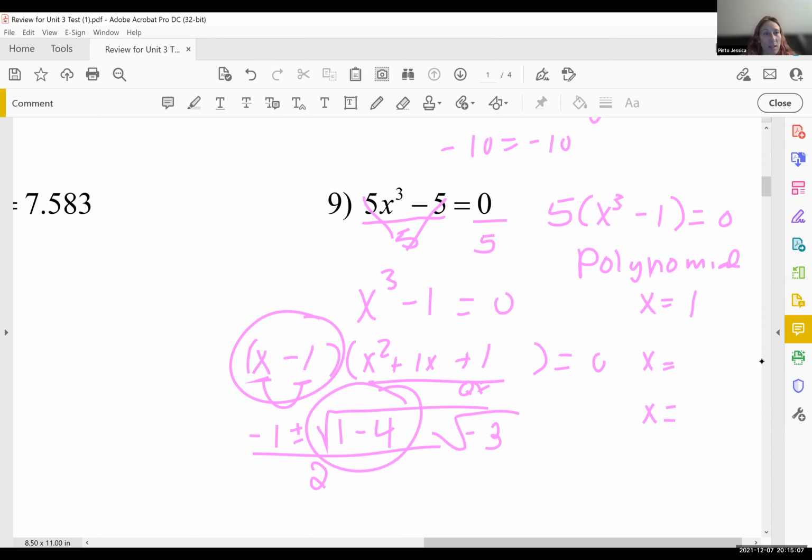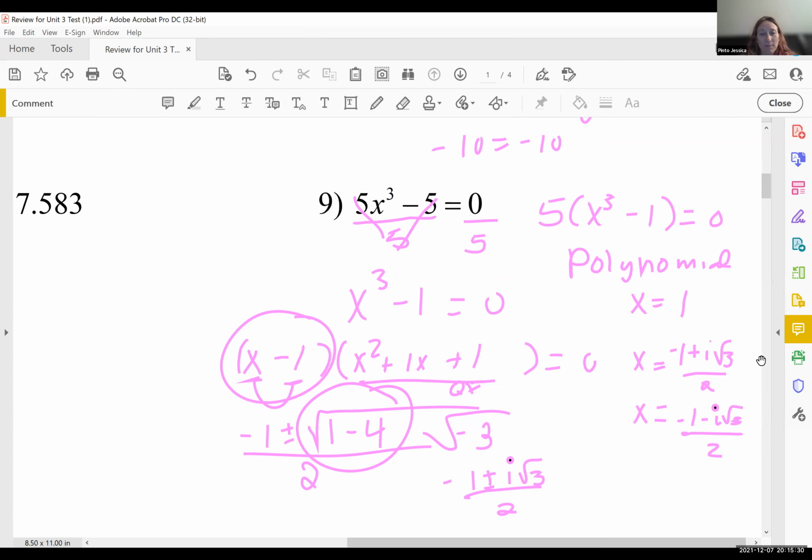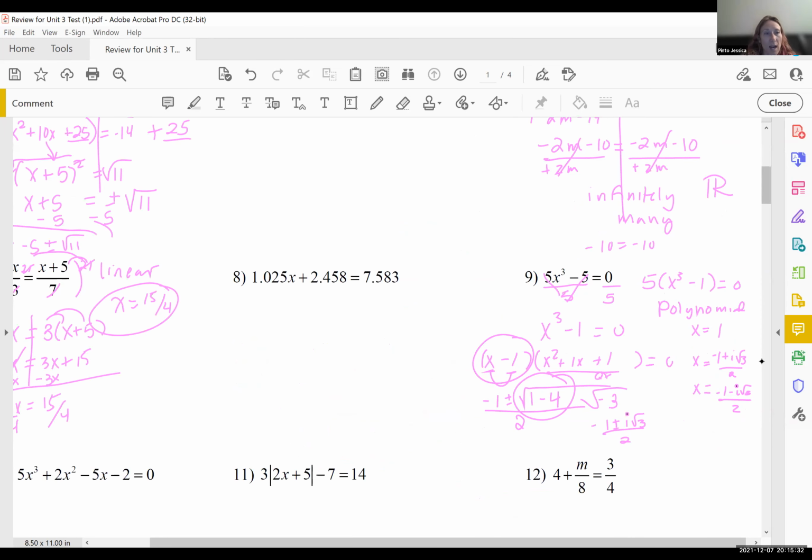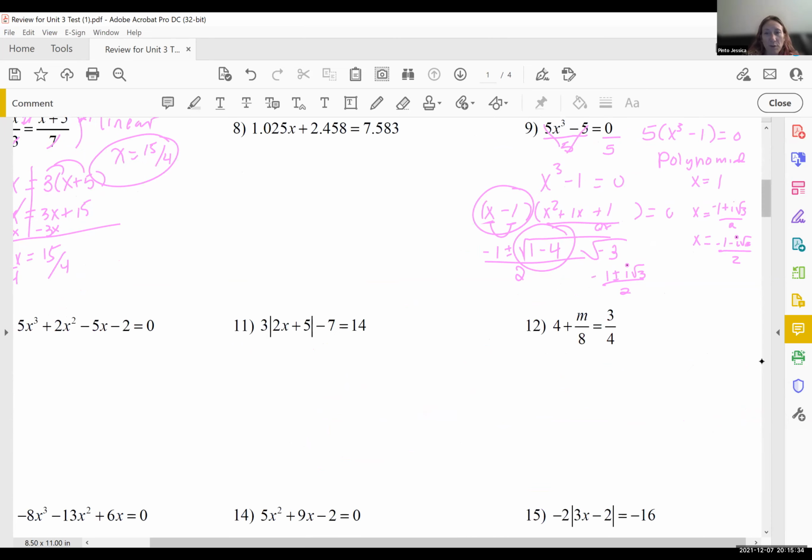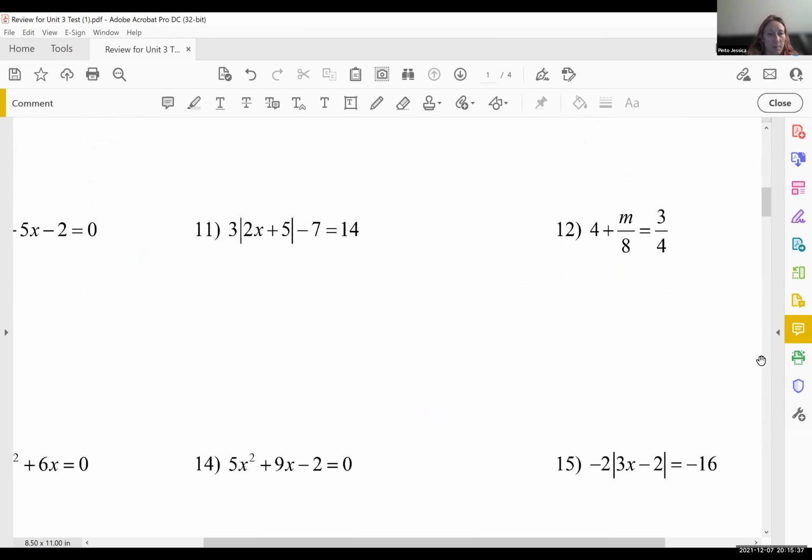And that just means that's going to become i rad 3. So I have negative 1 plus or minus i rad 3 over 2, which to write that as 2 answers, negative 1 plus i rad 3 over 2 and negative 1 minus i rad 3 over 2. Very fun. Those ones are tricky. The hint, though, is that you always get i rad 3 for those cube binomials.